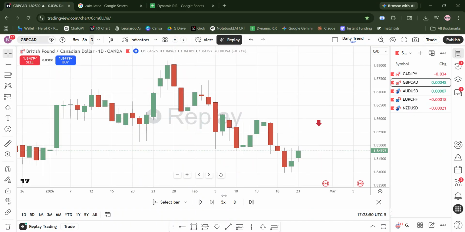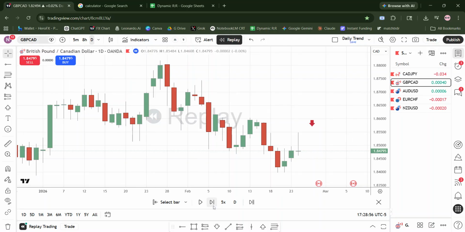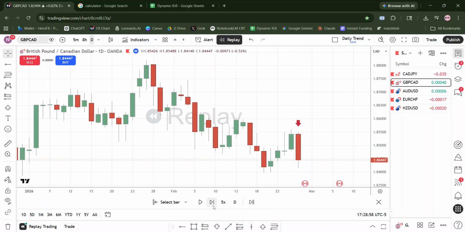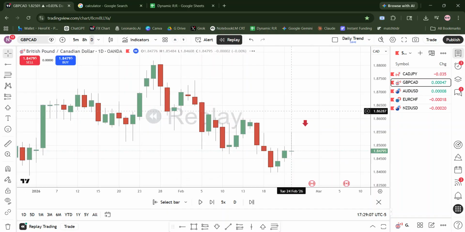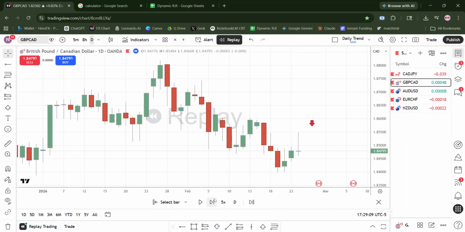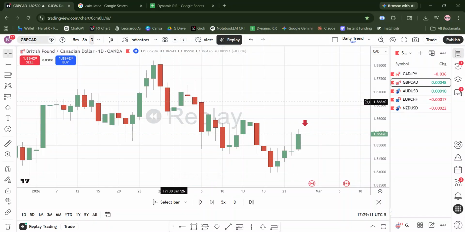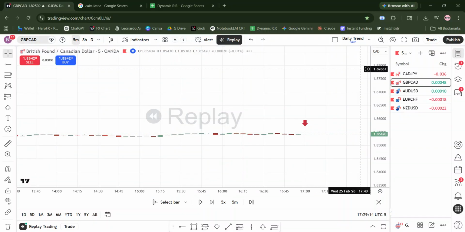This one was on Thursday, short. So we will go here, go there. Okay, then we'll drop down to the 5-minute and see what we can see.